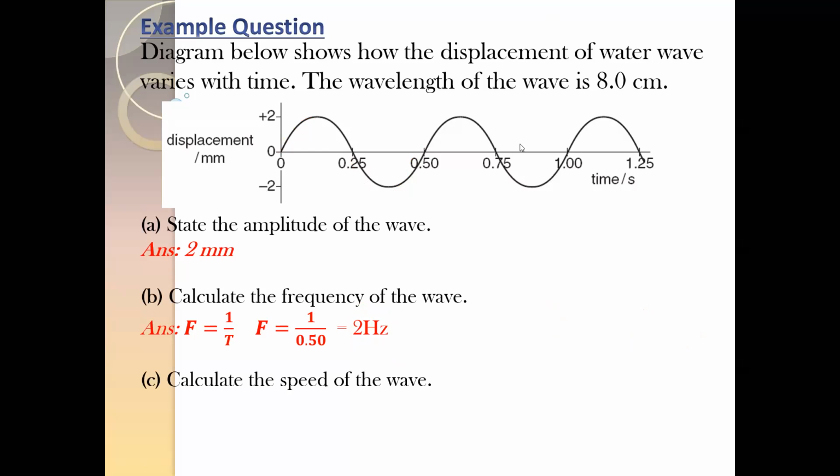What is the speed of the wave? How to find speed? We have the wavelength, 8 centimeter. If wavelength is in centimeter, speed will be centimeter per second. If wavelength is in meter, speed will be meter per second. We have the wavelength and the frequency, and we multiply them. Speed equals frequency multiplied by wavelength, so 2 multiplied by 8 centimeter is 16. Because the wavelength was in centimeter, it is 16 centimeter per second. If wavelength is in meter, then it will be 16 meter per second.